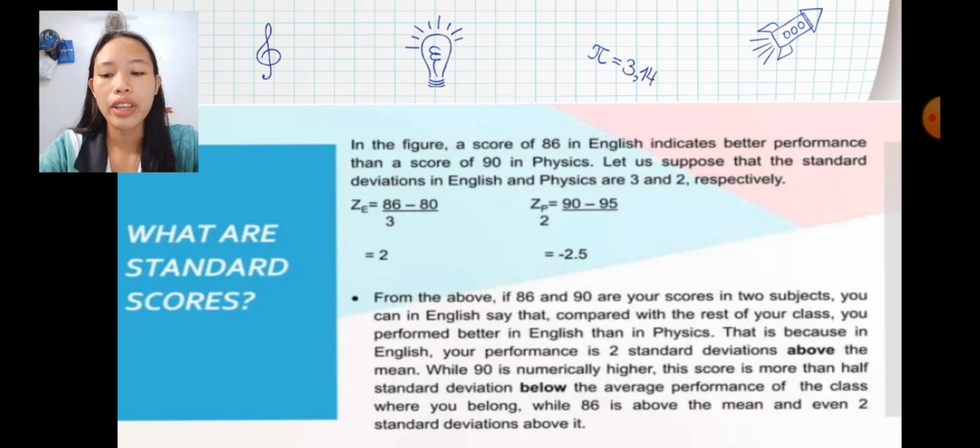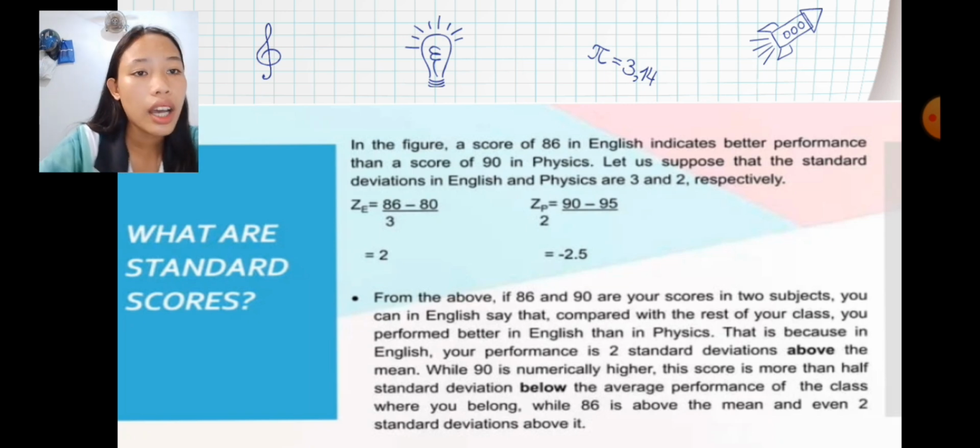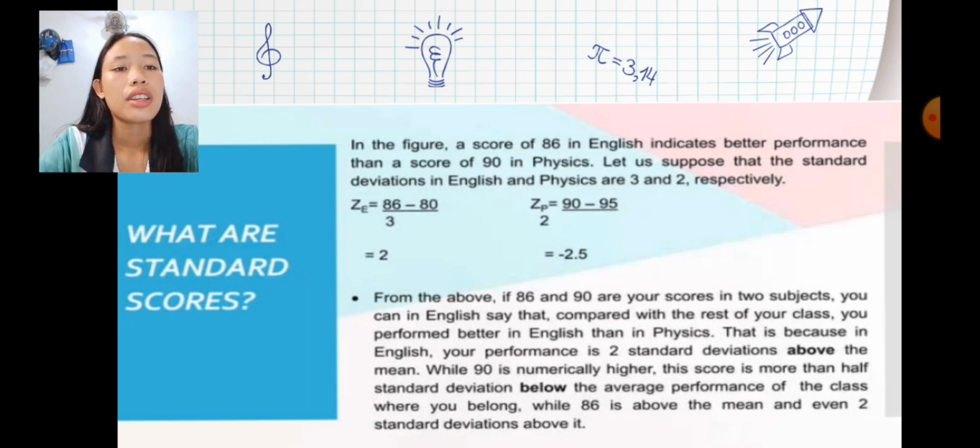For English, we have here the English score, 86 minus 80 over 3, which equals 2. The standard score in physics, we have 90 minus 95 over 2, which equals negative 2.5.